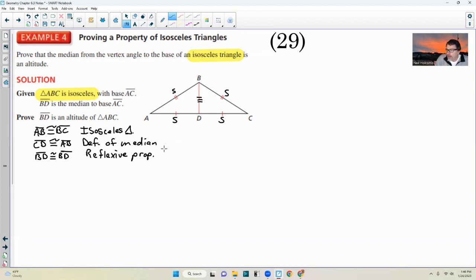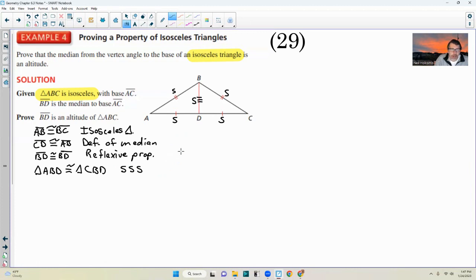And so now we can say triangle ABD is congruent to triangle CBD, and the reason is side, side, side triangle congruence.